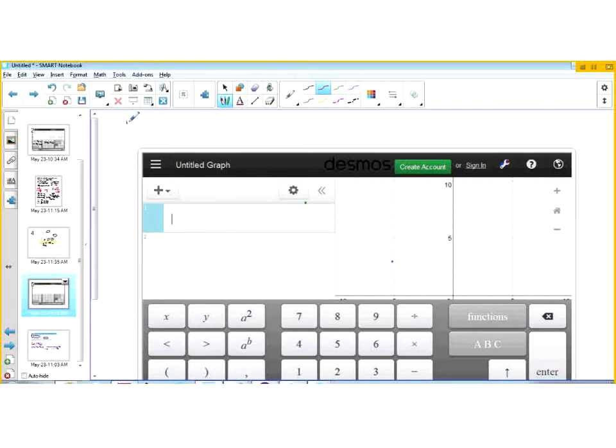So suppose I ask you to graph y is equal to cosine of 2 pi x divided by 1 plus x squared. All right, so I'll give you the procedure for doing this.